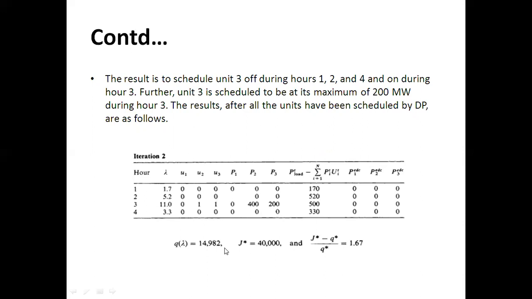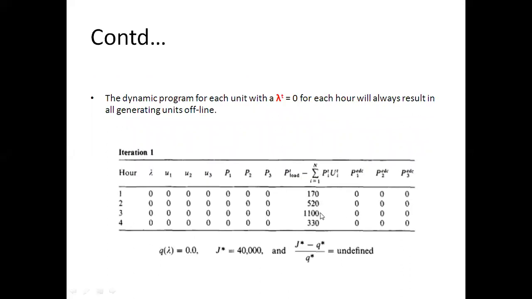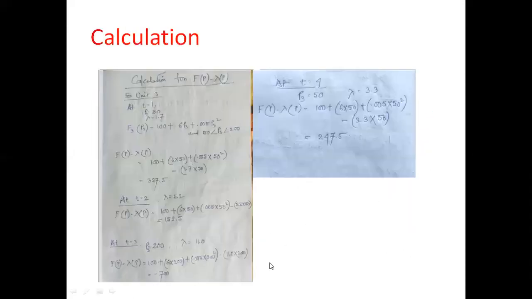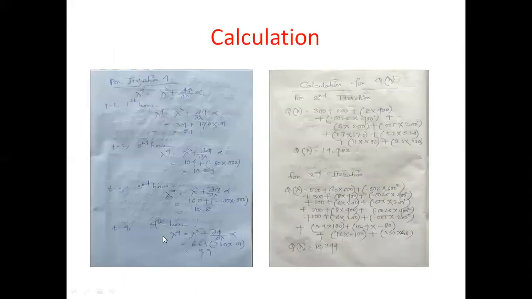Just putting the values of P3 equal to 200 and P2 equal to 400 in those two equations: plus 1.7 into 170, 5.2 into 520, 11.0 into 1100, and it is clear that 11 into 500 and 3.3 into 330.